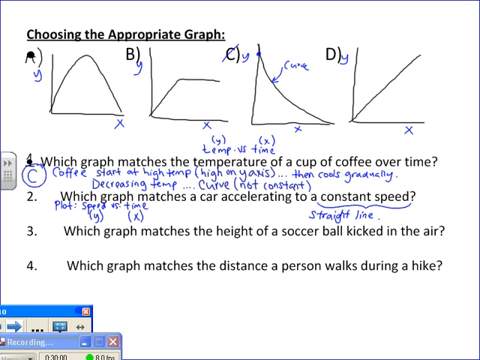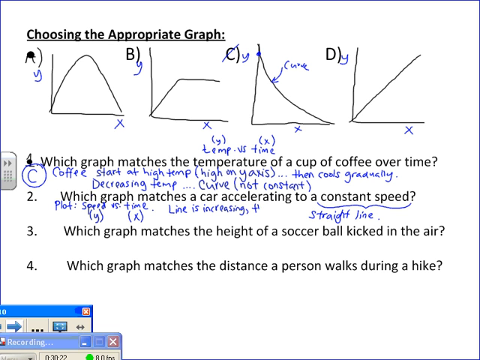So let's think about what we would expect. Well, if the car was accelerating at the beginning, I would expect to have a line that is increasing because speed is increasing with time.